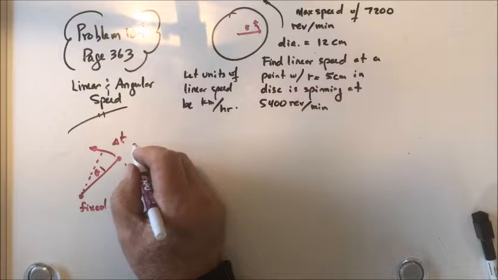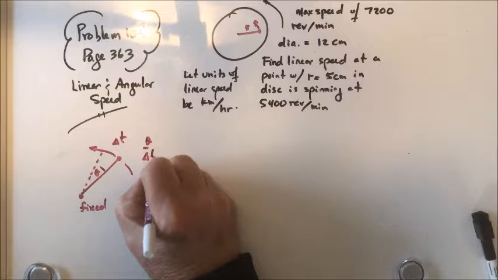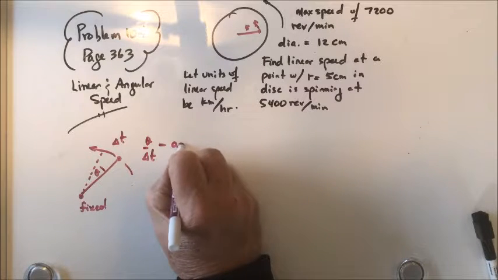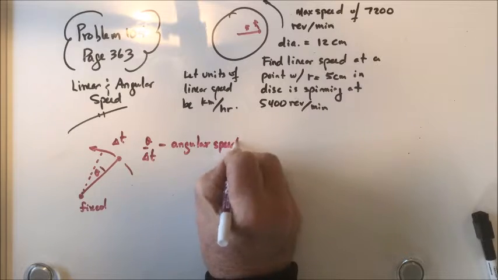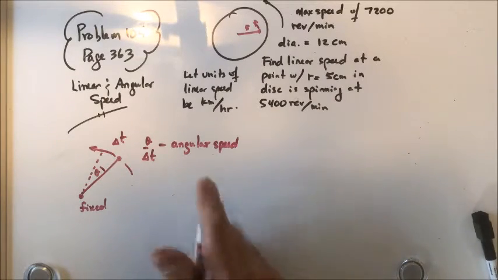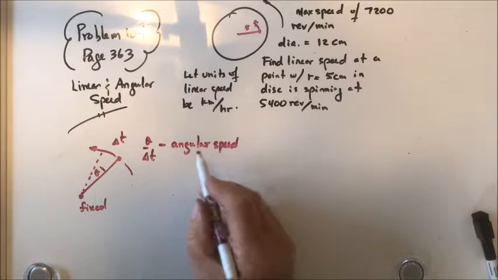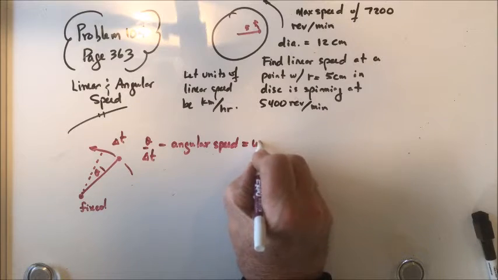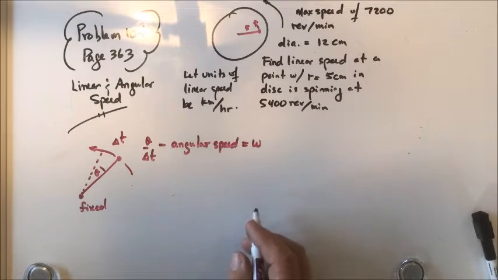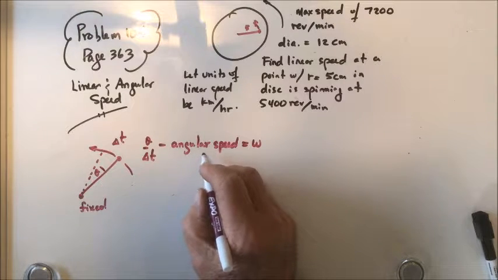If that's the case, then theta divided by delta t, we'd want to call the angular speed. It is the rate at which we subtend through angles. Different from the linear speed, to be sure. This is the angular speed. It's normally given omega, Greek omega, as the symbol for angular speed.